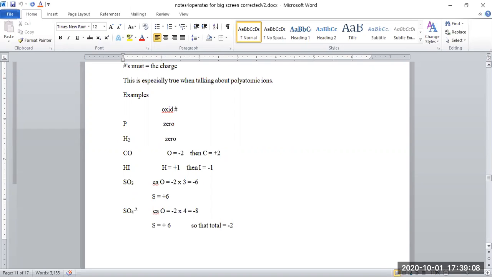In looking at the first couple of examples here, the concept is they are pure elements. If you have a single atom of phosphorus, it doesn't have to be a P4 molecule. As long as it is a unionized atom of an element, your oxidation number is assumed to be 0.